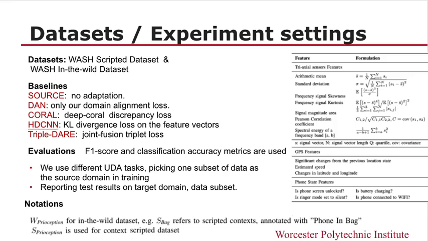We performed unsupervised domain adaptation classification where we train on a subset of data and test on a different subset, and then we report the testing F1 or classification scores. On the right side, we show some examples for generating handcrafted features from the raw sensory data, which is a typical procedure for this type of data.